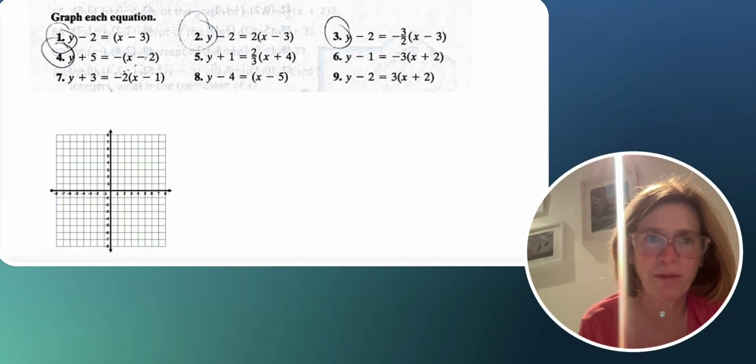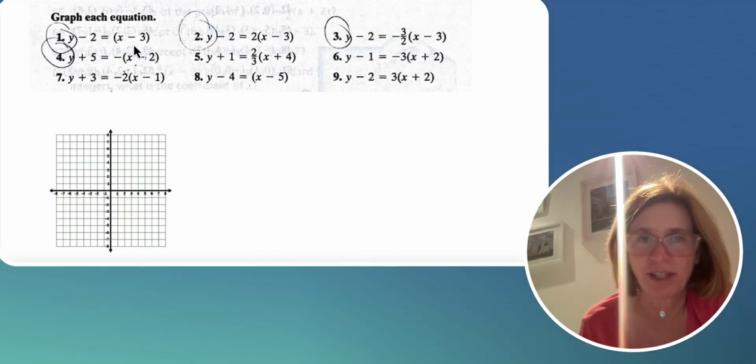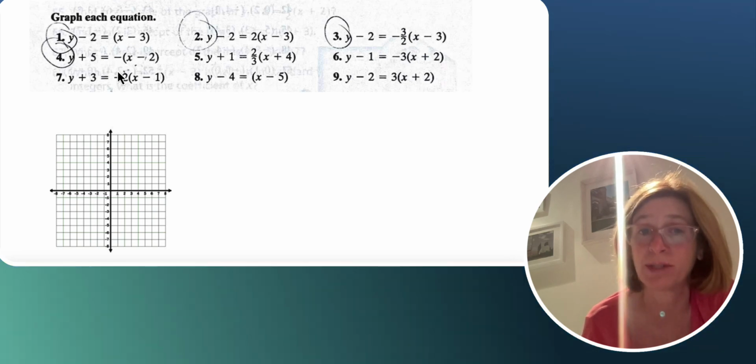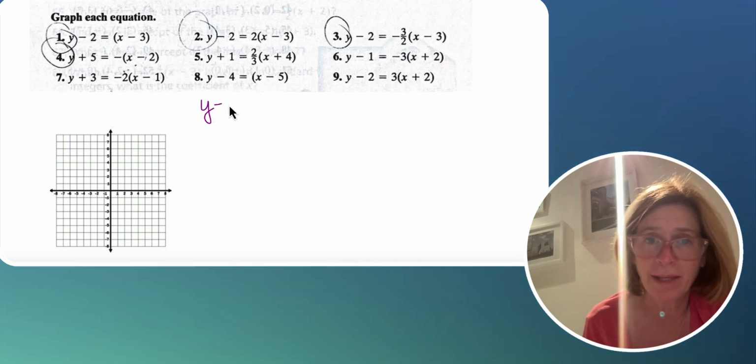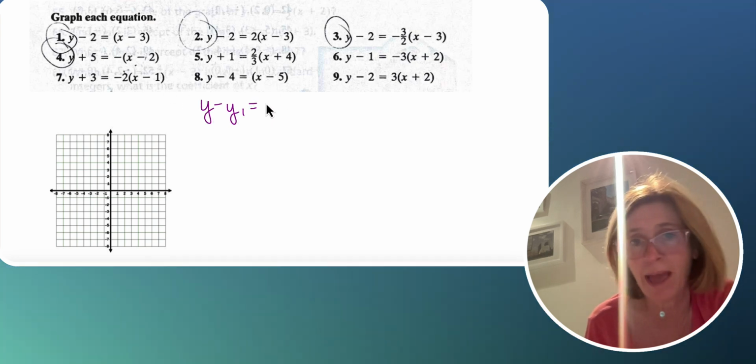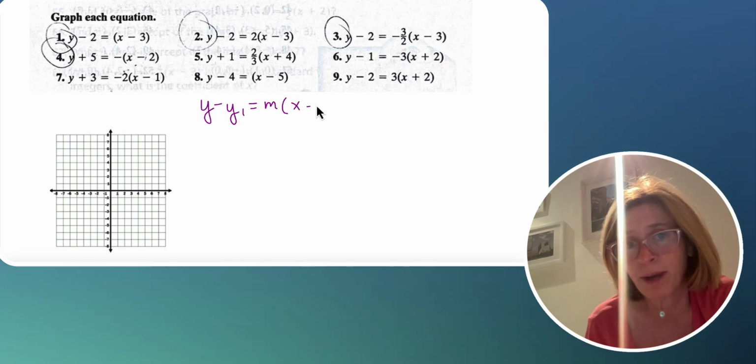So today I'm going to be going over graphing a linear function when it's given to you in point slope form. You can see all of these are in point slope because they're of the form y minus y1 equals m times x minus x1.